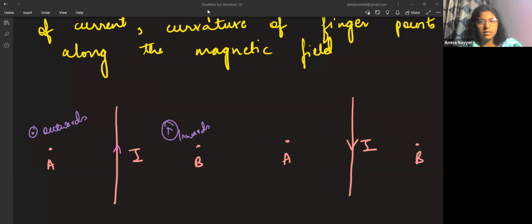Tarif has also answered. Very good. I think 2 students haven't answered. Madiha, your answer. See, Madiha, you have to tell me direction of magnetic field at this point A due to this current element, this current wire, carrying current I in the downwards direction.